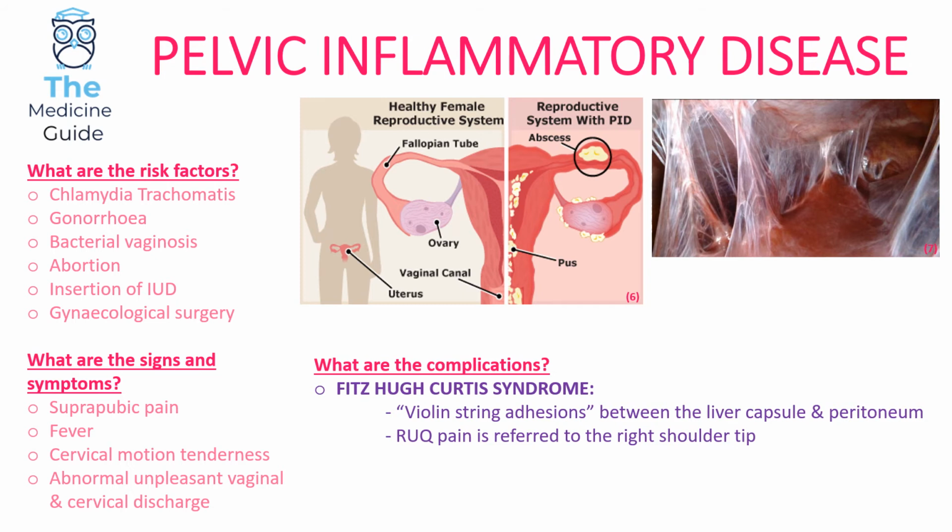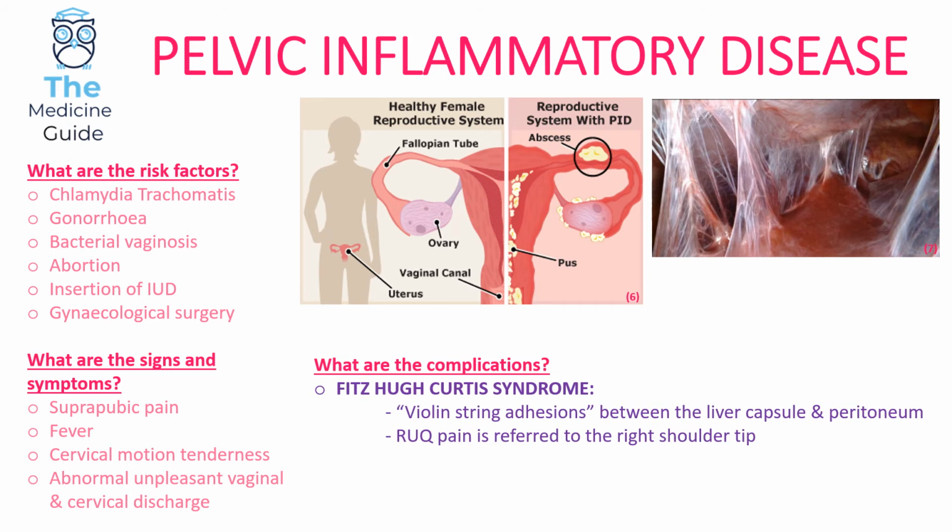Now this is a very key classic complication to be aware of in terms of pelvic inflammatory disease. It comes up time and time again in medical school final exams.